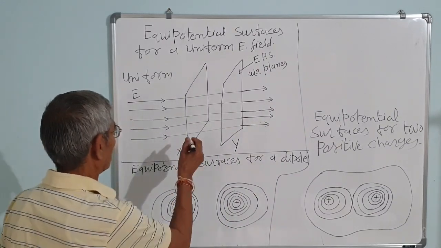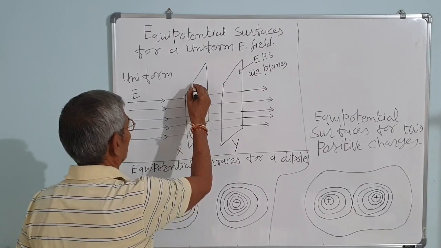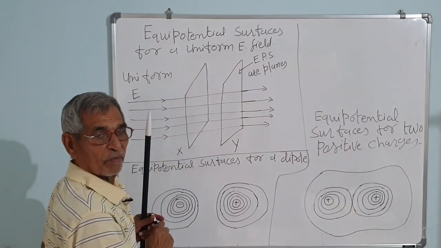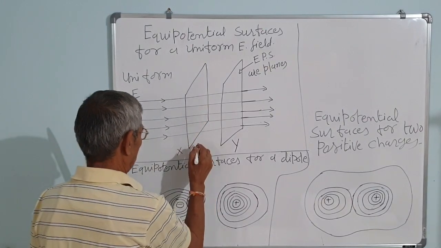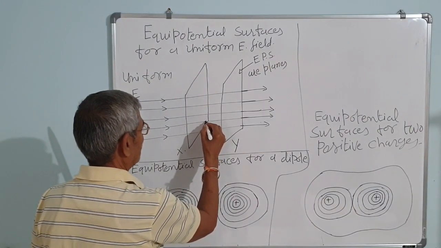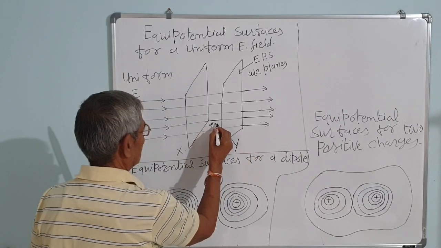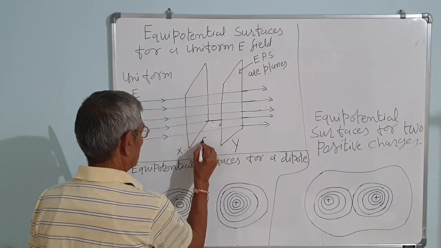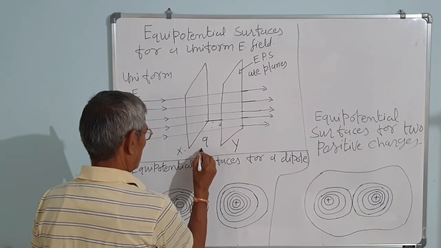So if we move a charge along one plane, that is an equipotential surface, no work is done. But if you move a unit charge from plane x to plane y, then work done W is not equal to 0.